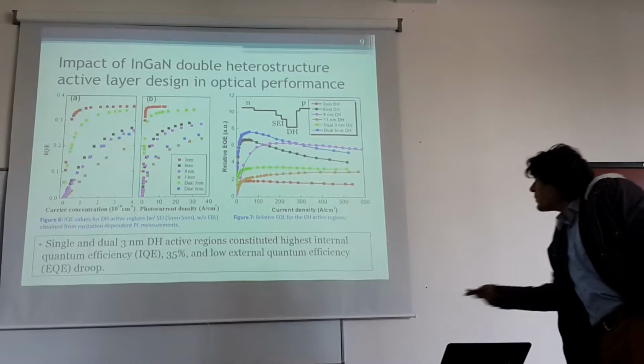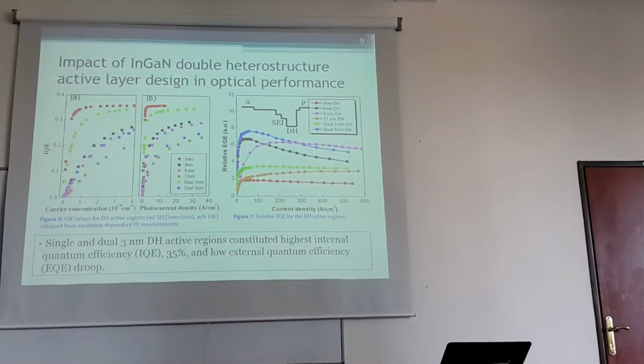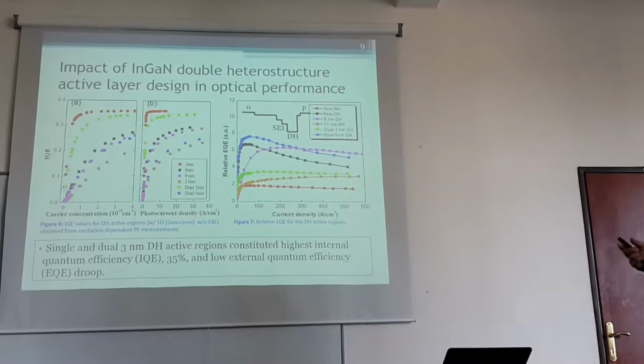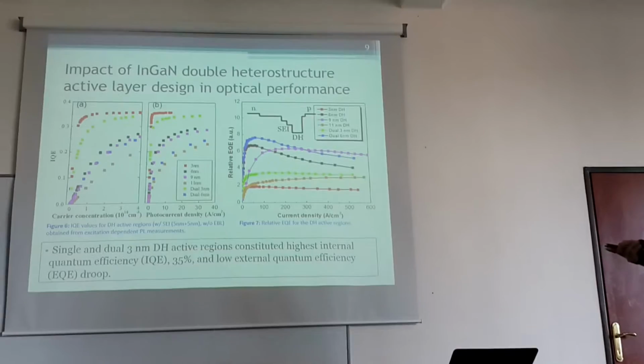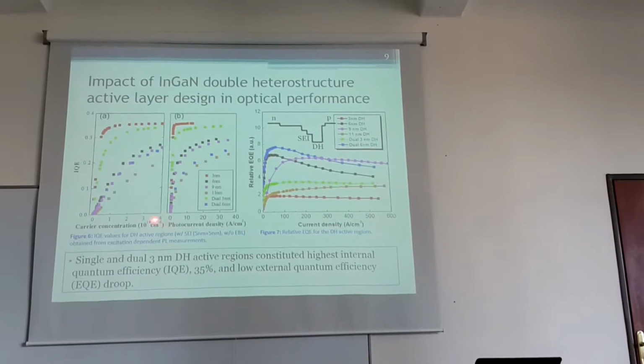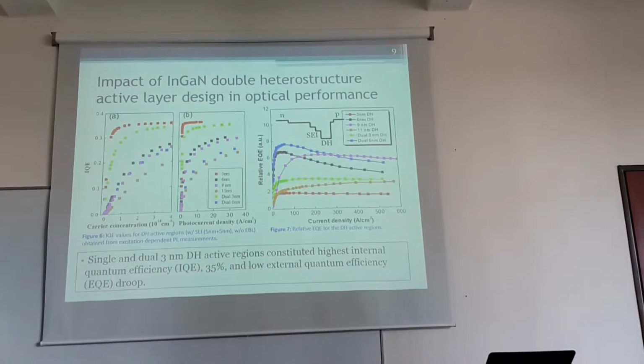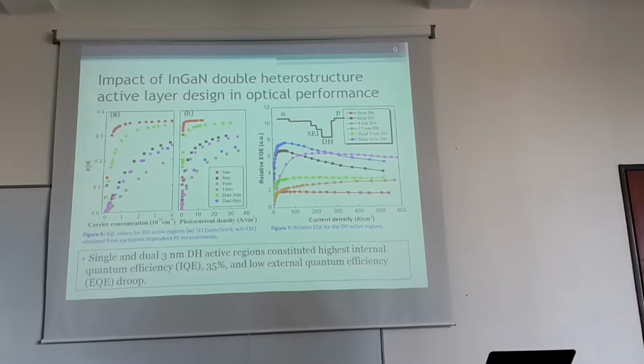Now, as I told you earlier, the thickness of the active region was important. We changed the active region thickness from 3 nanometer to 11 nanometer, and we doubled those active regions, dual 3 and dual 6 nanometer, and we did internal quantum efficiency measurements.